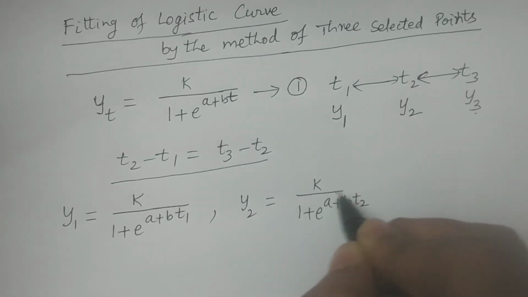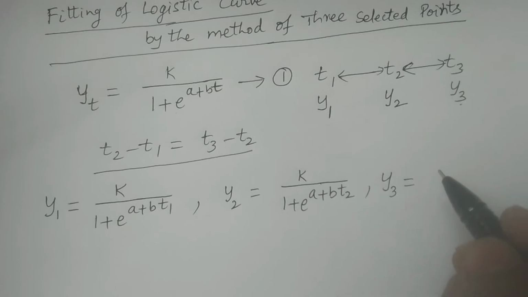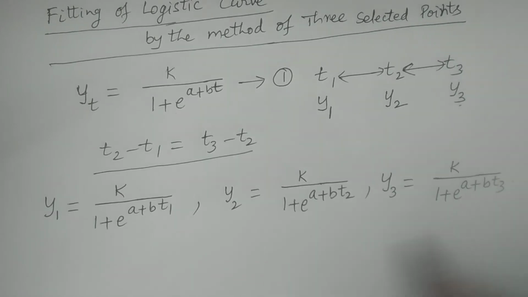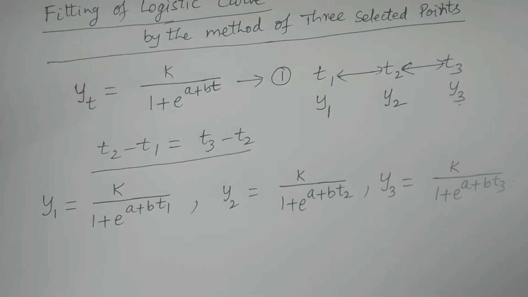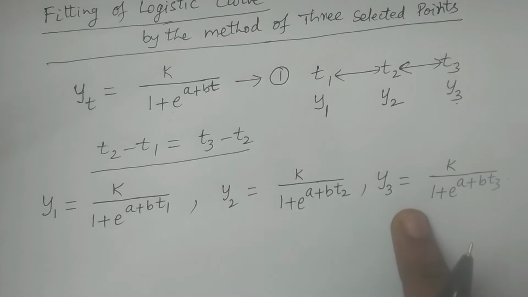And similarly, at time point t3, y3 is k divided by 1 plus e power a plus b t3. So these are the ordinates, the values of the time series at the respective time points t1, t2, t3, which are y1, y2 and y3.